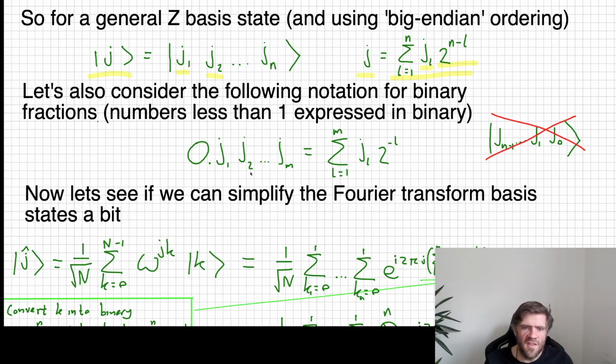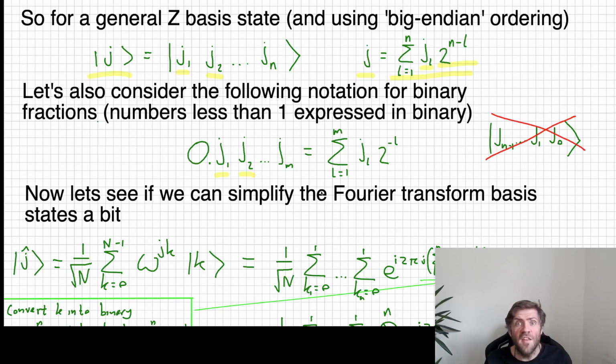The reason why this is nice is because if we are doing it with a binary fraction, which means a number less than 1 expressed in binary, the way we write down a fraction in decimal is 0.792654, whatever. Similarly, in binary, we can have 0.1011101. We can express numbers less than 1 in binary in the same way. So we are going to express it like this, where the most significant digit is j1, and then j2, and so on.